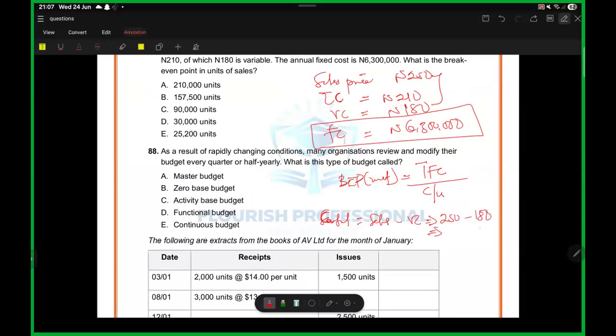So that is 70. Okay, 70. Now we can find the break-even point. Break-even point becomes 6,300,000 over 70. What will be the answer?